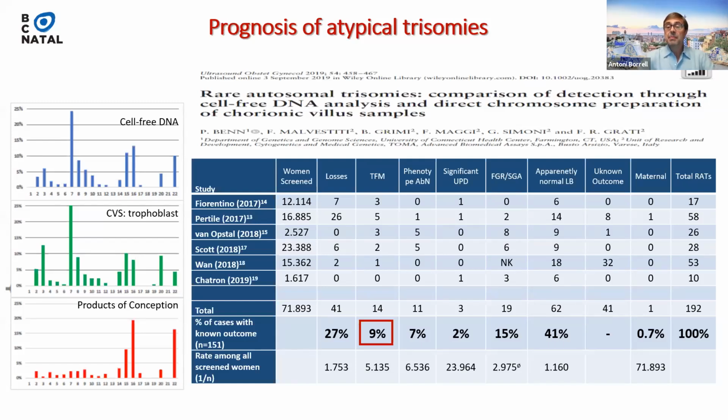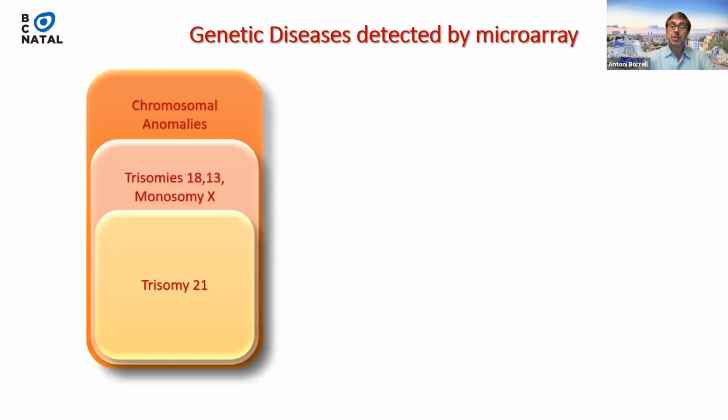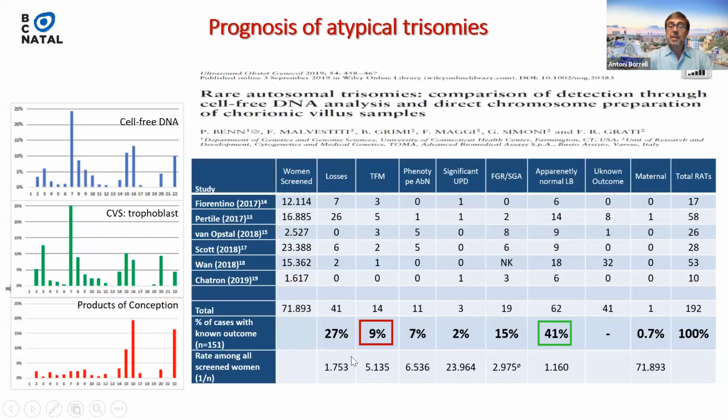But using the same table, I argue exactly the opposite, because you can see here, only 41% of those fetuses are apparently normal live born, because there is a 27% pregnancy loss, 7% abnormalities in the phenotype, 2% significant uniparental disomies, 15% fetal growth restriction, and 0.7% maternal malignancy.